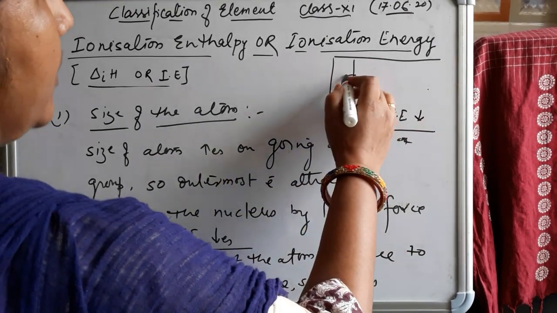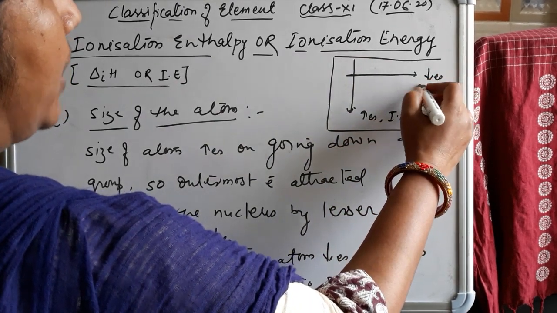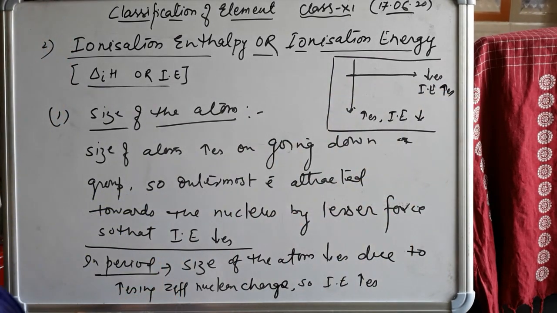But in a period, the size of the atom decreases, so ionization enthalpy increases.